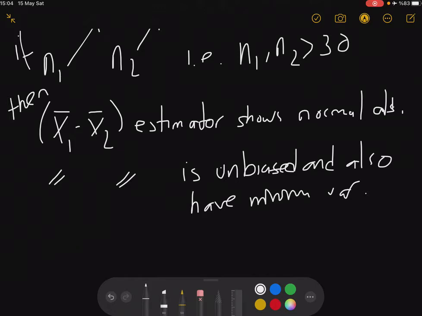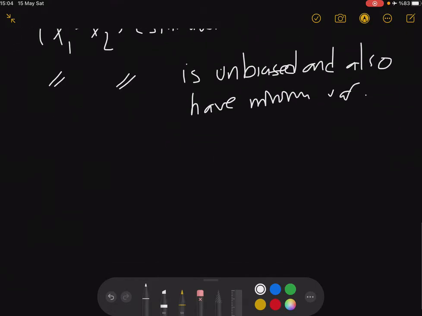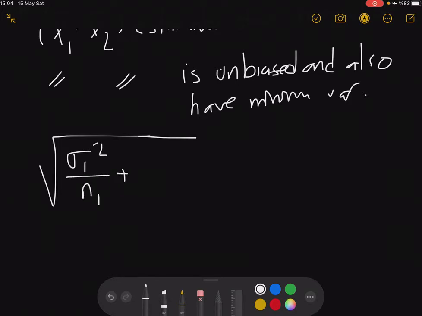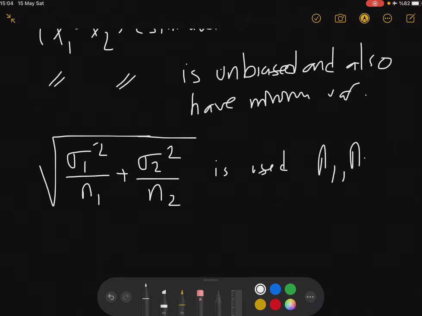So for point estimation, if we want to have the standard deviation here, we just take the square root of that variance of difference. This is used especially when your N1 and N2 are higher than 30.